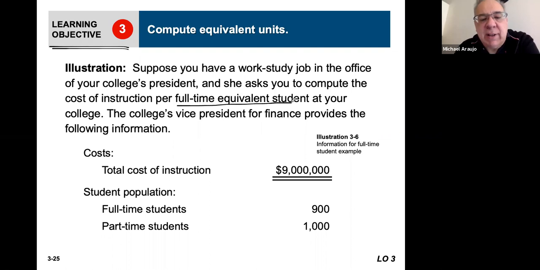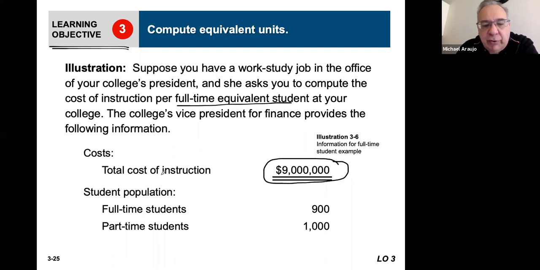The vice president of finance tells you that they spend $9 million in the total cost of instruction, okay? Furthermore, the vice president tells you that there are 900 full-time students at the college, and there are 1,000 part-time students at the college, okay?